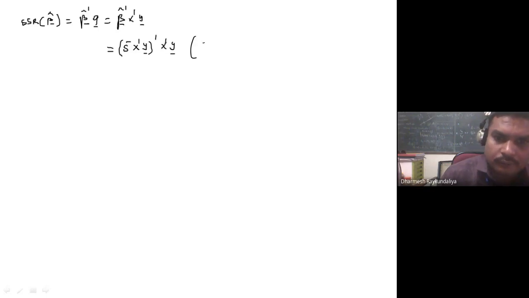We have already proved that it is β̂' Q, and it is nothing but β̂' X' Y. But what is β̂? β̂ is equal to S̄ Q or S̄ X' Y.